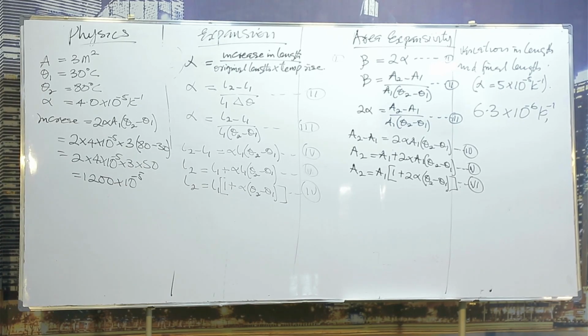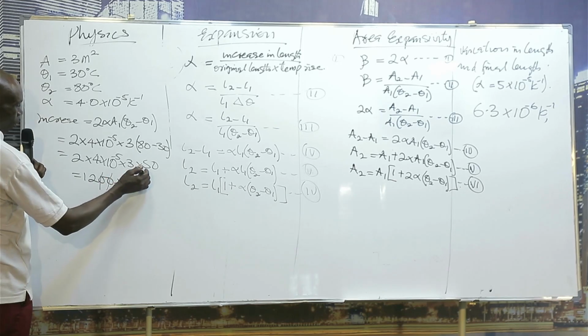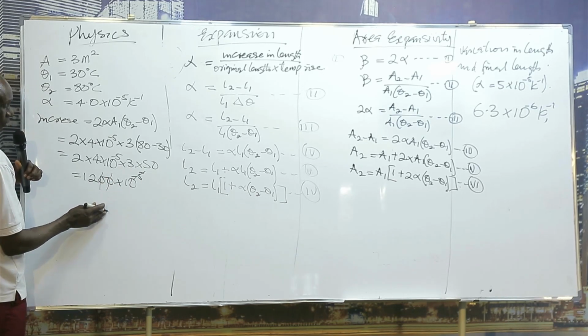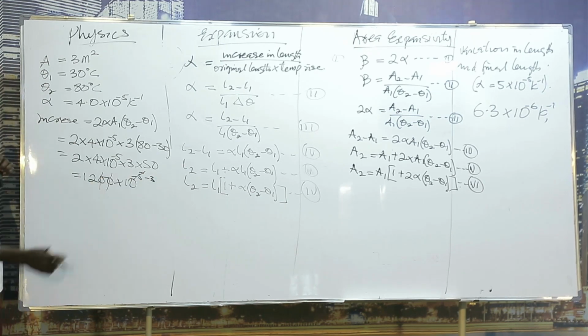Then look at the board. I told you, check the number of zeros to remove it. I have the number of zeros, 1, 2, so that 2 will be removed here, remaining minus 3. This minus 3, how many zeros? 3 zeros up here.